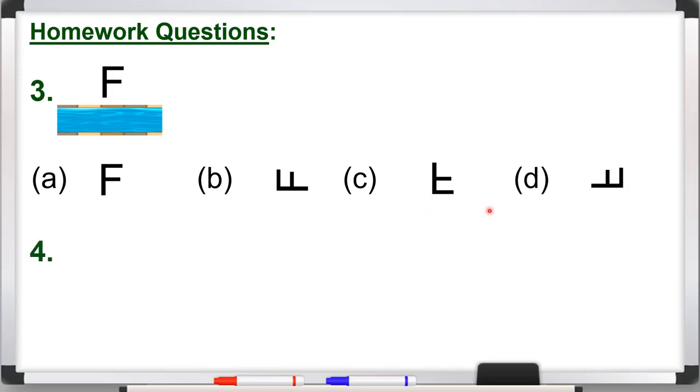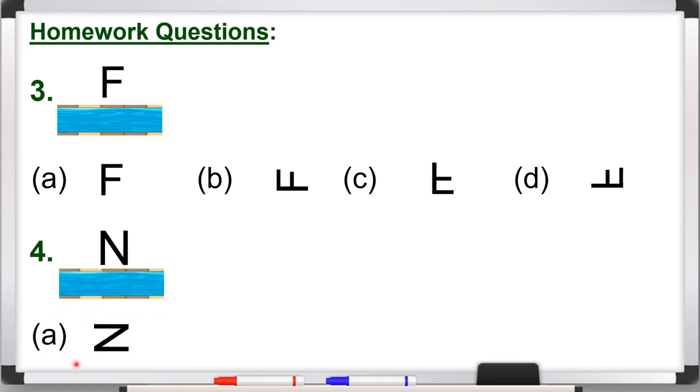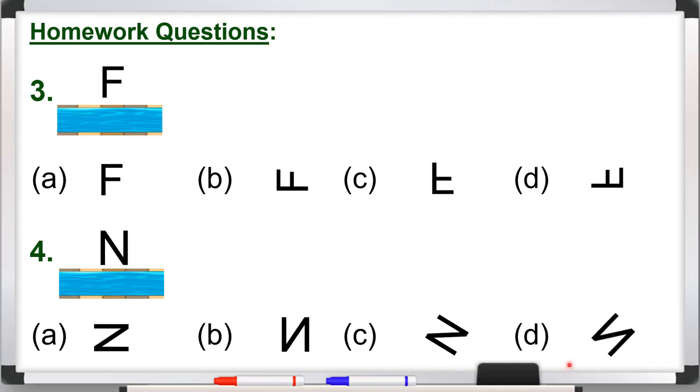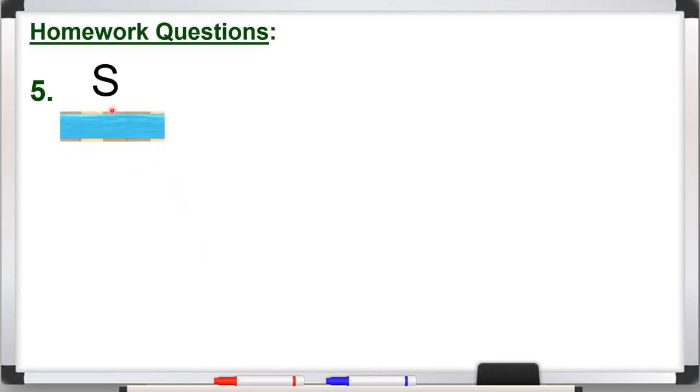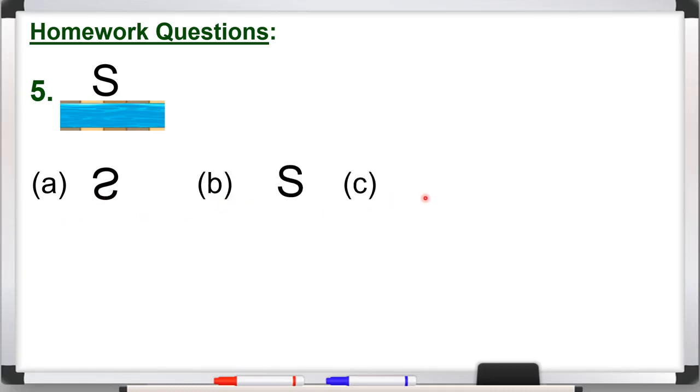Now in question number 4 it is given N, and here is the water and options are A like this, B like this, C like this and D like this. Understood beta? Question number 5 it is given S, and here is the water. Now you have to see which option is correct. This S, this S, this S or this S.